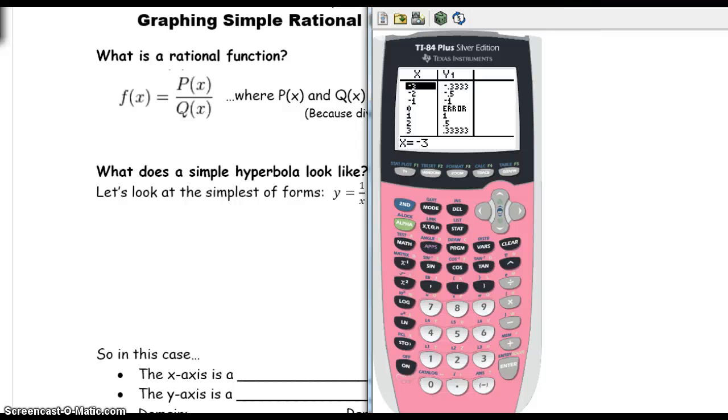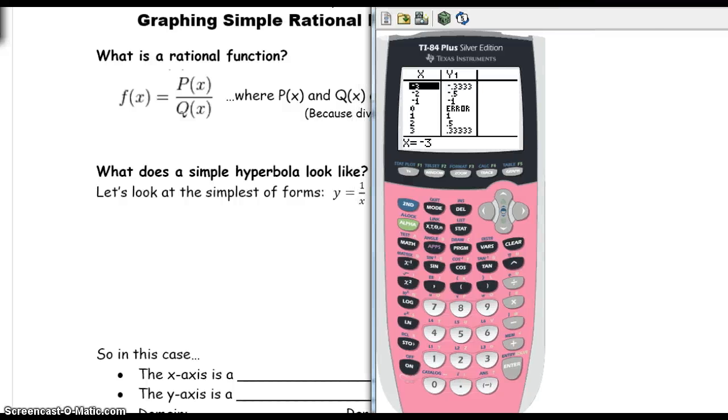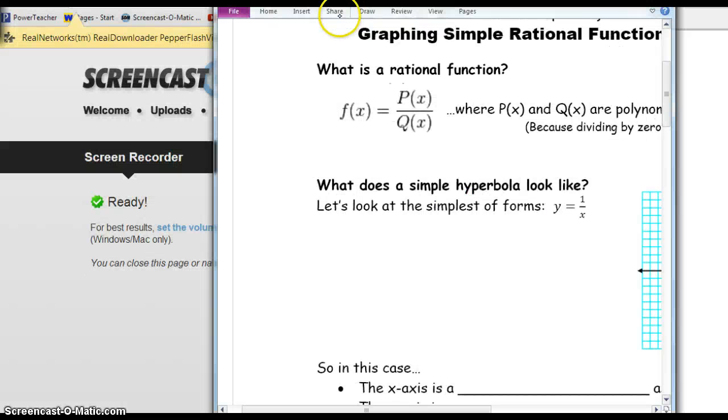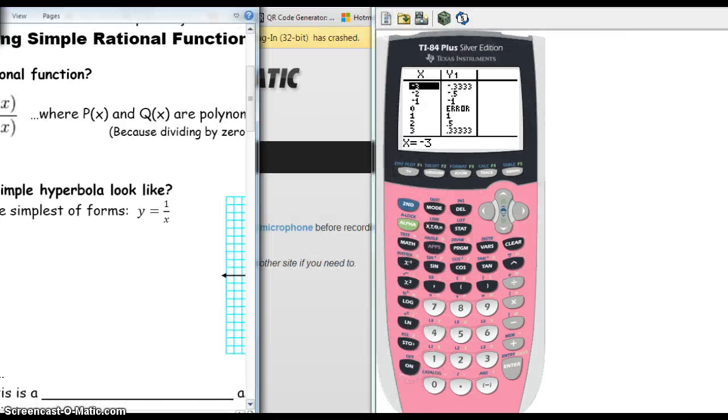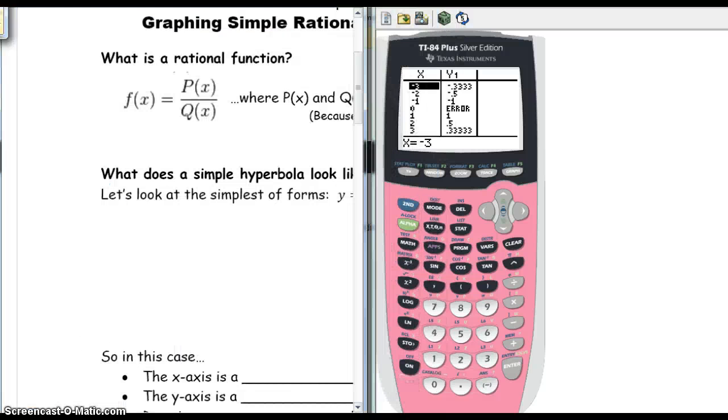Okay? So let's go with this table and let's use some of these values. I'm going to use -2. All right, so let's go ahead and jot down this table right here. So we have x and y.